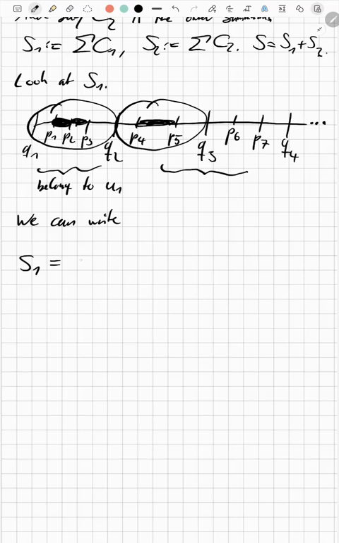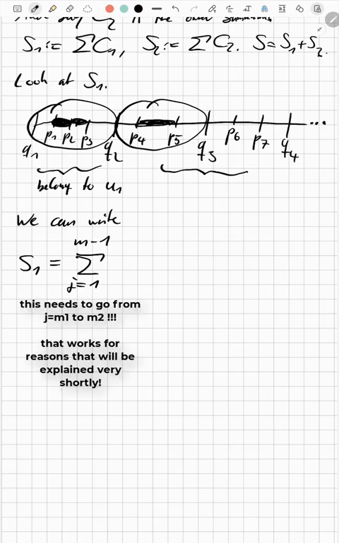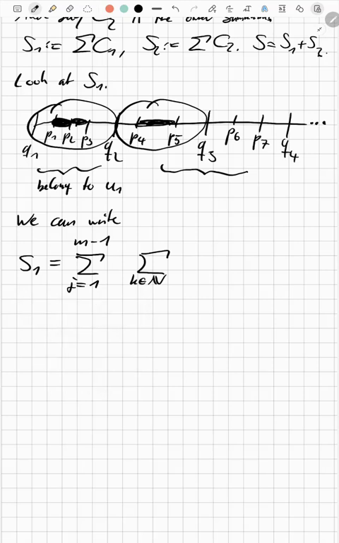S1 is the sum, and now we here go over all the blocks, and here we now take only those for which the pk and pk plus 1 belong to the same block, because that's exactly what we want in S1.